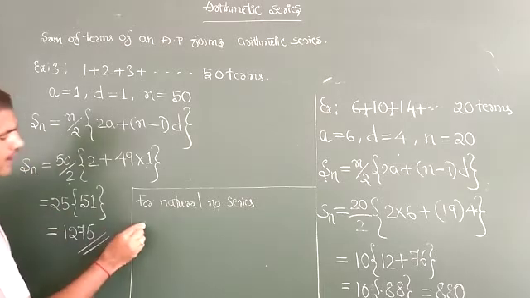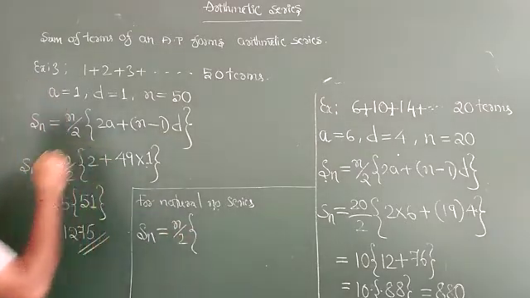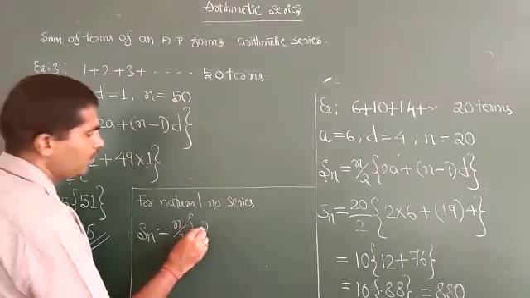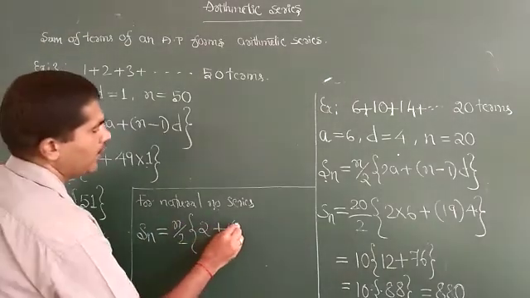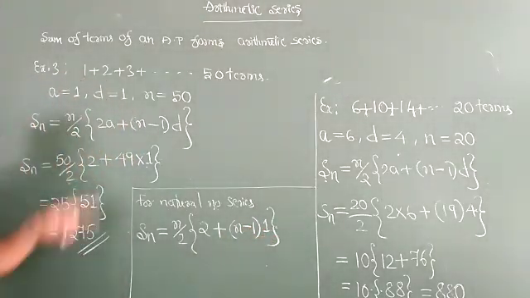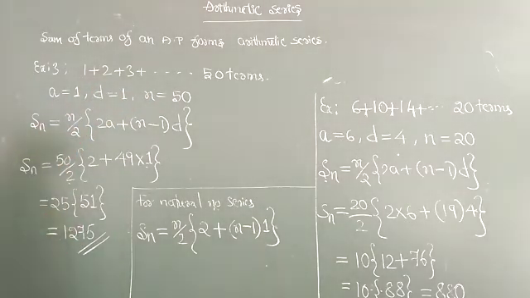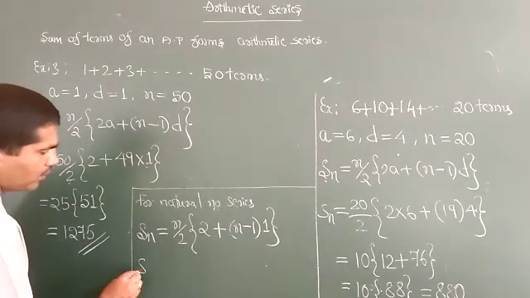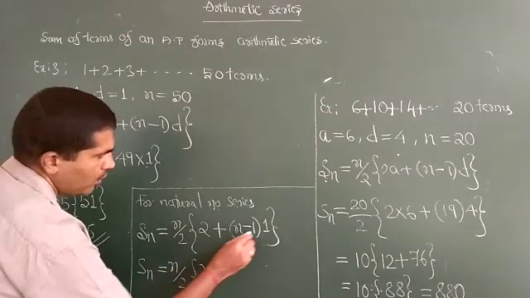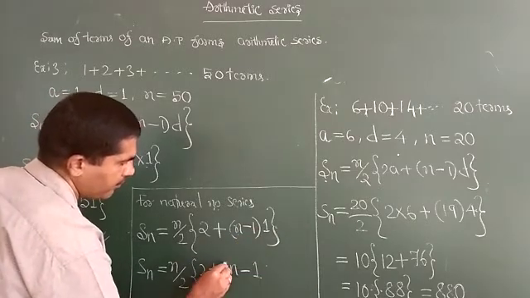Same formula, you take Sn equal to n by 2 into 2a, which becomes 2 every time because a will be 1 only for natural number series, plus n minus 1 into d, again 1 only always, because 1 plus 2 plus 3 up to 50 terms or 100 terms, whatever it may be, the value will not change. Now Sn equal to n by 2 into, simplifying this, 2 plus 1 into n, 1 n minus 1 into 1 became 1.